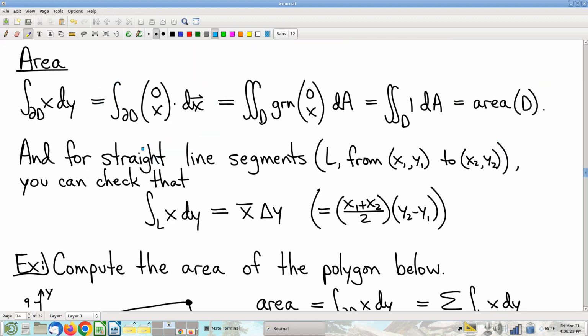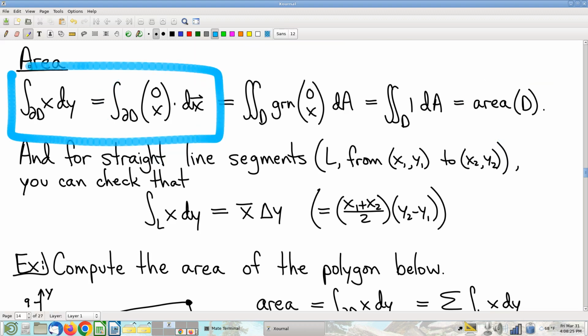Real quick before you do that, let me talk about this right here. You'll recall this coordinate line integral notation. And I kind of trash talked that coordinate line integral notation last time or the time before, I forget. Most of the time I like the vector line integral notation better. But notice in this case, this one's actually a little more compact.